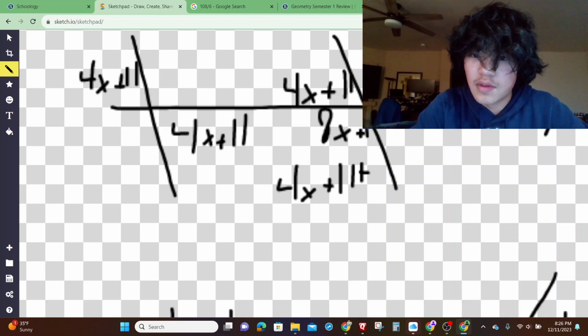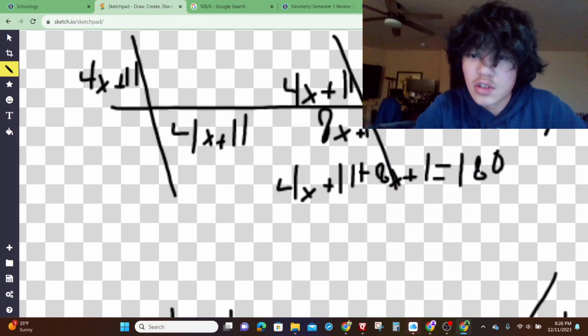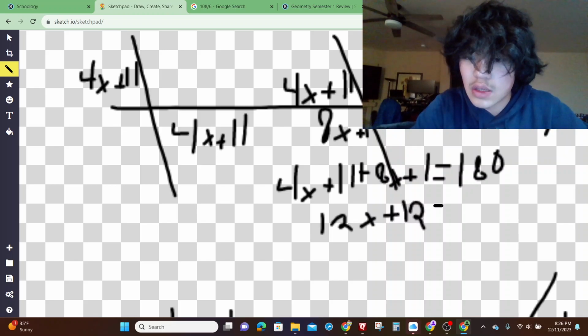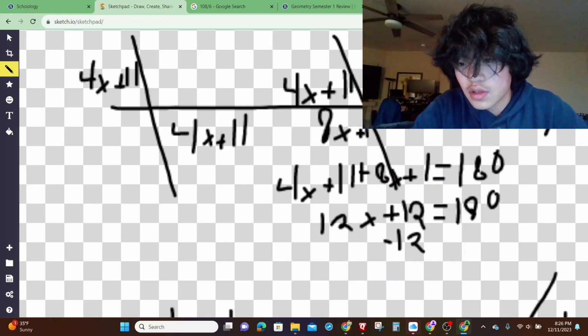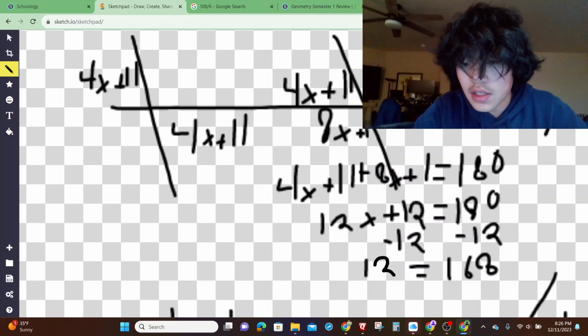So 4x plus 11 plus 8x plus 1 equals 180. So we get 12x plus 12 equals 180. Subtract the 12 here, subtract the 12 here, we get 168 equals 12x.